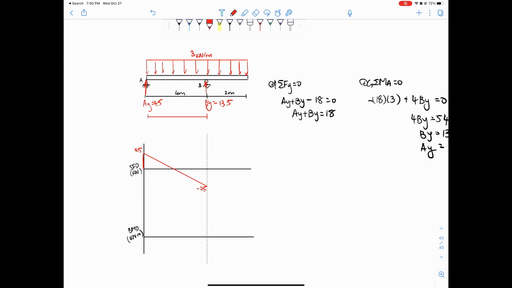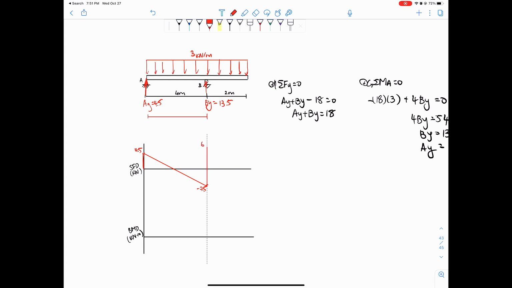All right, so how we got this number is just simply starting at the very left, we have AY equals 4.5, and then from 0 to 4, we have 3 kilonewtons pushing down, right? So from 4.5 all the way minus 12, negative 7.5. Okay, so once we have this, we find that BY equals 13.5, so we can add 13.5 to this negative 7.5, shoot back up to 6, right?